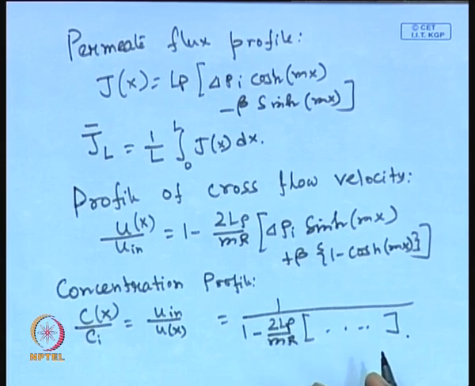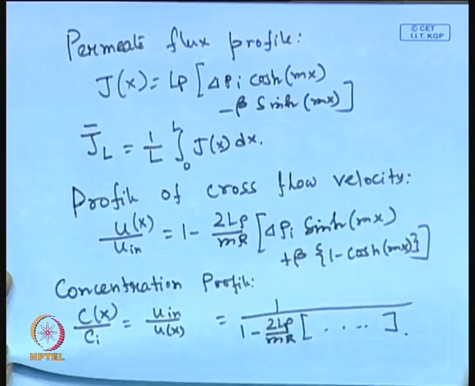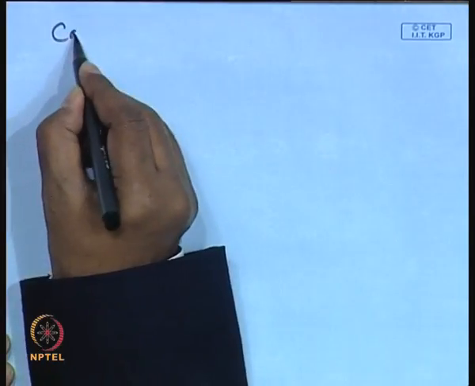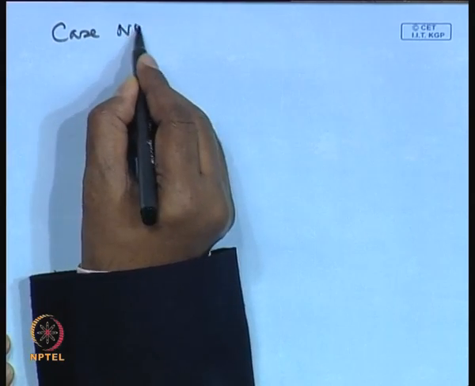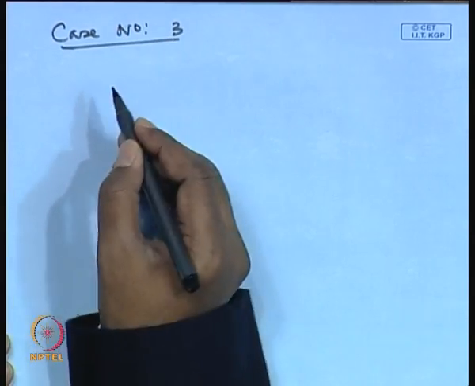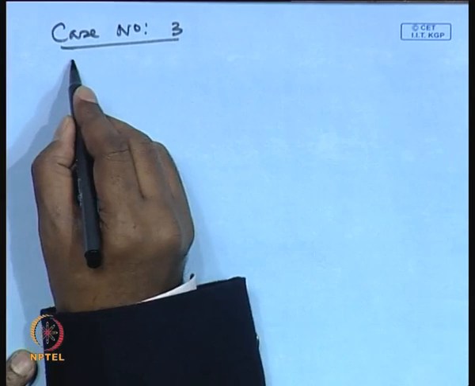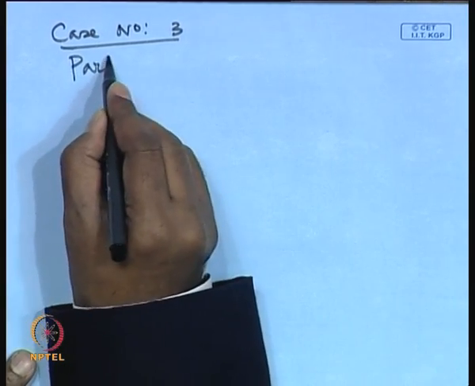In the final, more realistic case, we will be doing the case when osmotic pressure is not really negligible and it will be some substantial value and of significance. So, case number 3 is basically a partially retentive membrane.